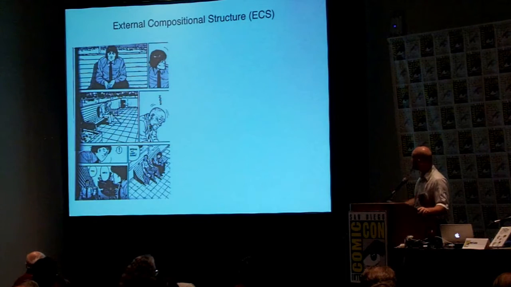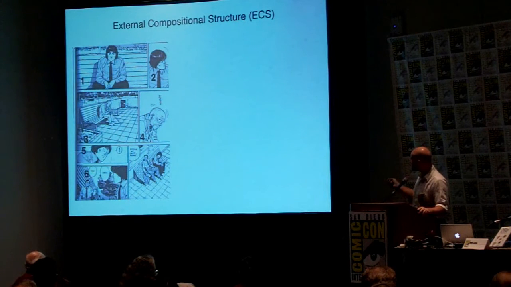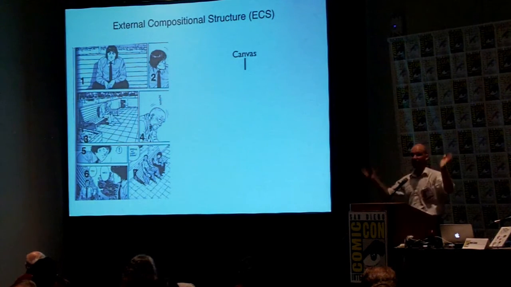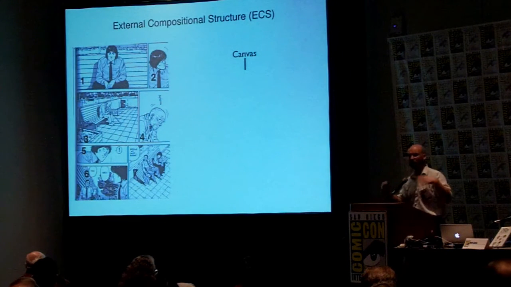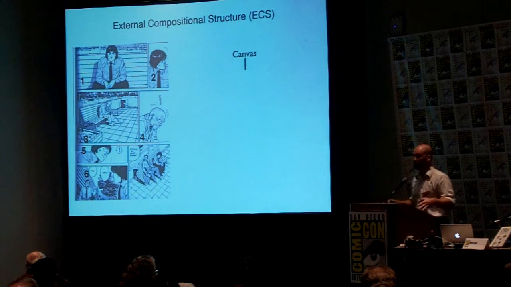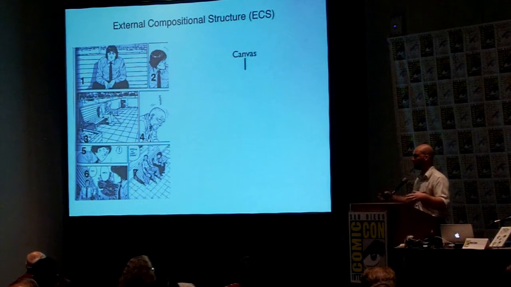So a page like this is structured first by, we see there's a canvas. That canvas is not just a page. I tend to try to have a neutral term. It could be the side of a wall, it could be on a web page, on the internet, it could be on the side of a pottery, whatever. That's the canvas.